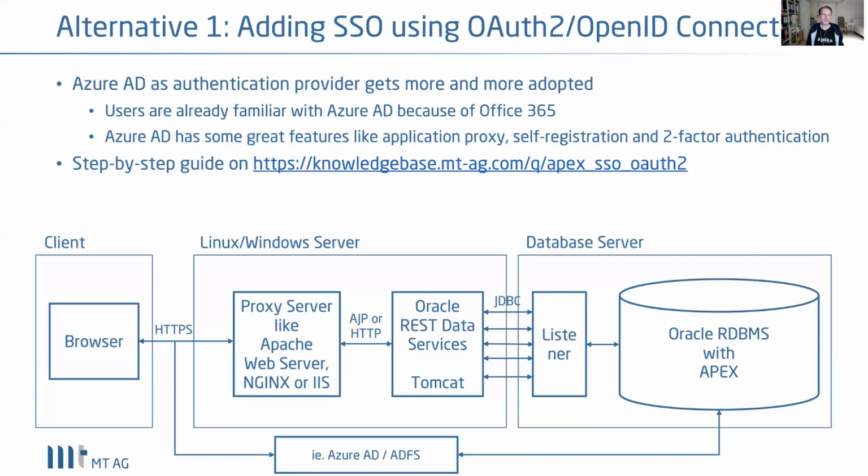So if the users are already used to that process, why not let Application Express be another environment next to Office 365 to do the authentication using Azure AD with OAuth2? And Apex supports this already natively.